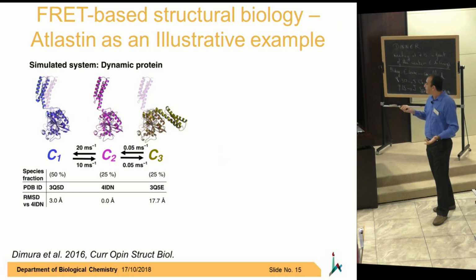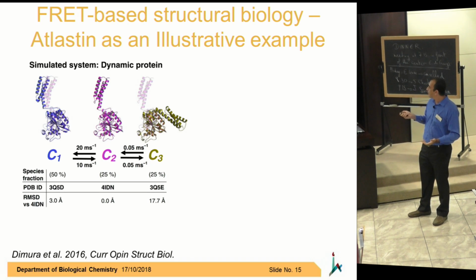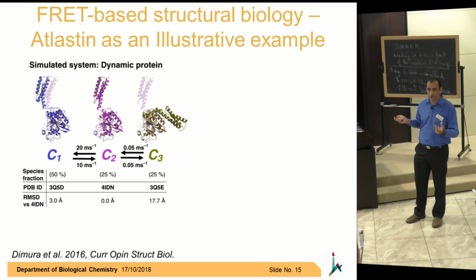So here's an example from the literature, and it's ever growing now, of what people have done with this technique. FRET is a 1-dimensional reporter because it reports just on a distance in space. In order to get the 3-dimensional information, you have to do it many times, for many reaction coordinates at many angles.